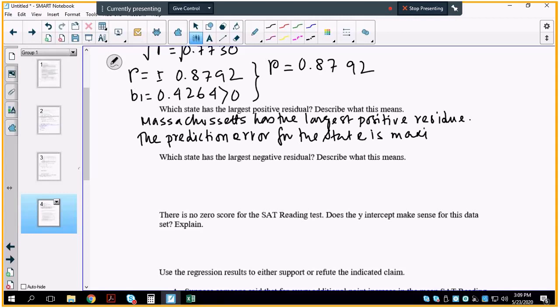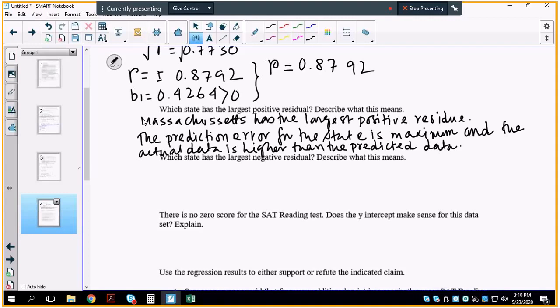And remember, if the prediction error is positive, then we get to say the actual data is higher than the predicted data. So this is kind of twofold. It is telling you which state has the maximum error in prediction, and it also tells you whether you have underestimated or overestimated. Clearly this time you underestimated because the actual data is larger than the predicted data.